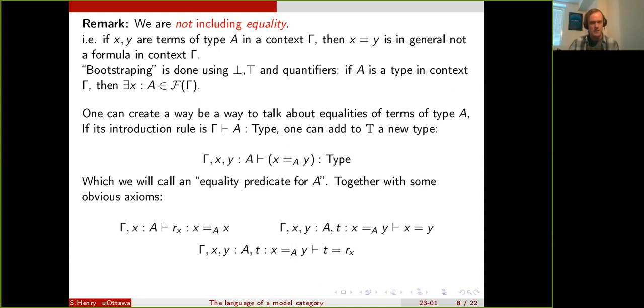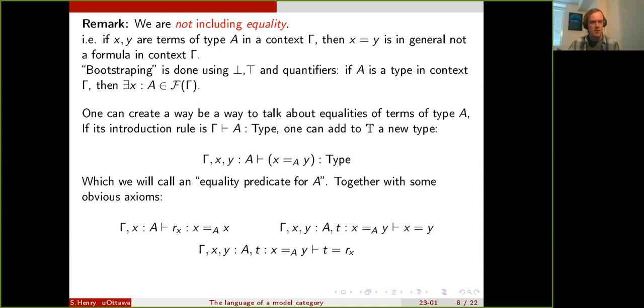So when you change the theory this way to add this equality predicate for A, that is not going to change the category of models of the theory, because the only way this type can be interpreted is as the equality predicate of the type A. So it does not affect the category of models, but it will affect the language in the way I defined in the previous slide, because now you have this additional type which you can use for quantifying.